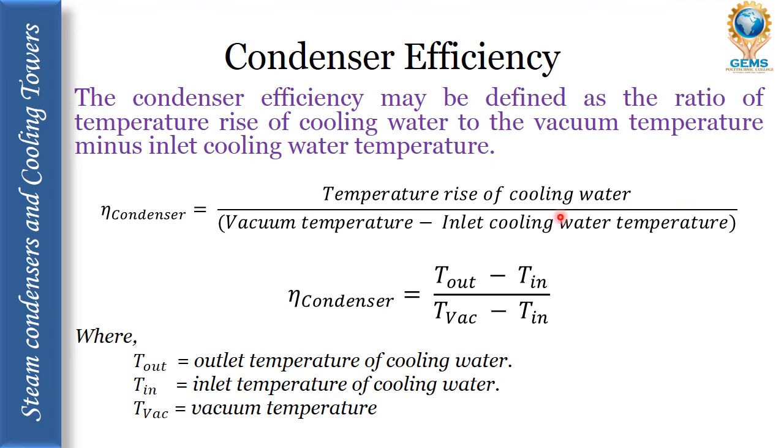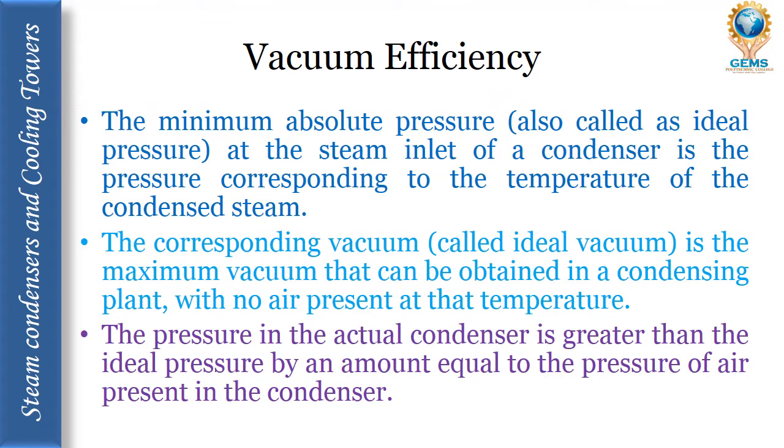This temperature rise can be defined as T out minus T in, divided by the vacuum temperature minus the inlet cooling water temperature. T out is the outlet temperature of cooling water and T in is the inlet temperature of cooling water. T vacuum is the vacuum temperature of the condenser.